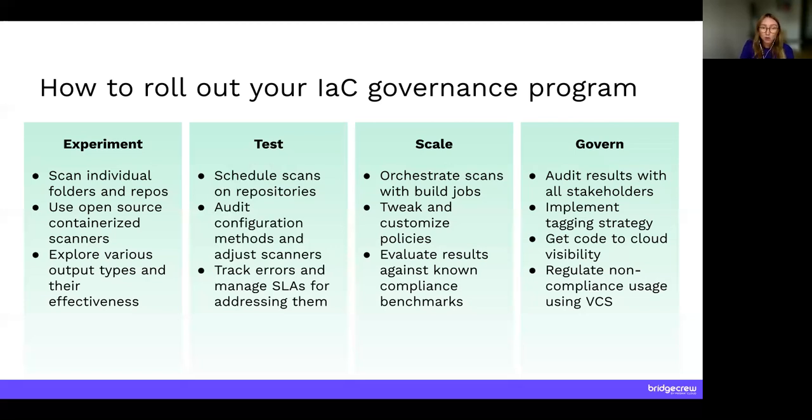Read as much as you can about infrastructure as code security, some of the quirks that each framework has. Of course, Terraform and CloudFormation are very different, just as GCP and AWS are very different. So based on your unique stack and your unique team, learn as much as you can, start testing, scale it out, and then start really getting everyone on board to continue governing these policies.